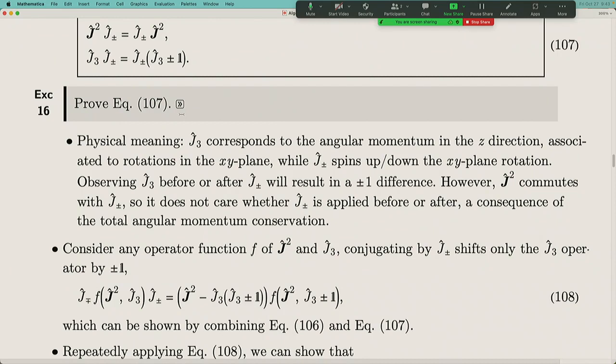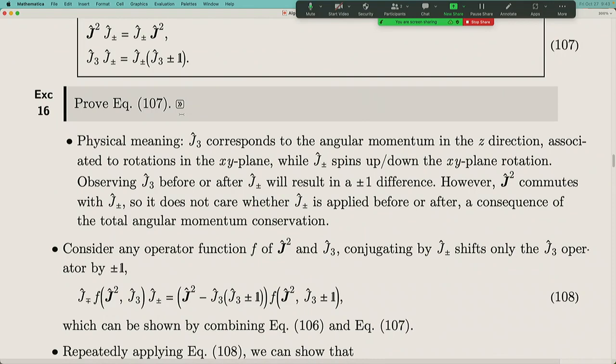So if you observe J3 before or after applying the raising and lowering operator, this is like first spinning it up and then computing the angular momentum, or first computing the angular momentum and then spinning up the system.